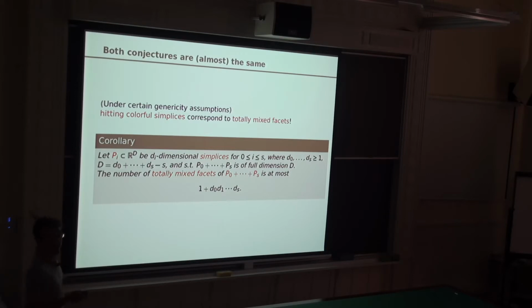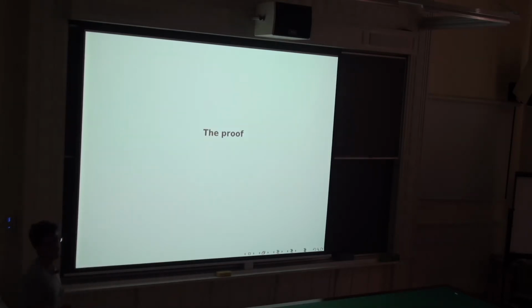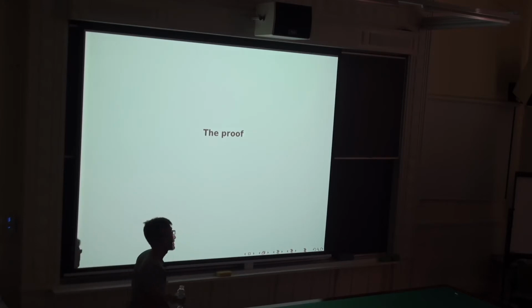The only difference is that it was posed for all color classes having size d plus 1, and here the point sets have size 3 because they come from triangles. Okay, so we'll have to prove it. And the proof will be topological.